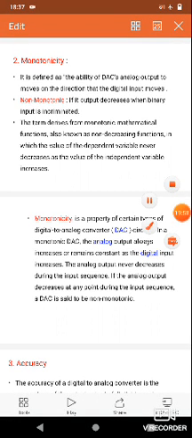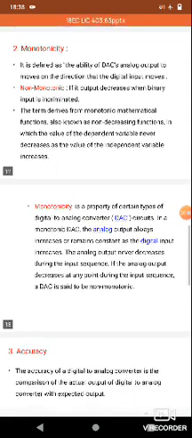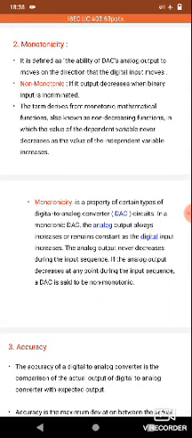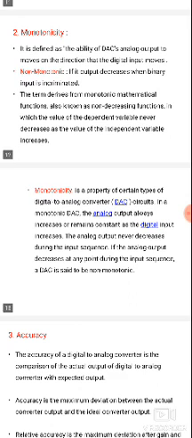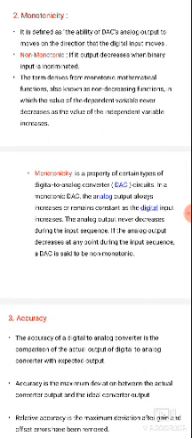Non-monotonic means the output decreases when the binary input is incremented. The term derives from monotonic mathematical functions, also known as non-decreasing functions, in which the value of the dependent variable never decreases as the independent variable increases.